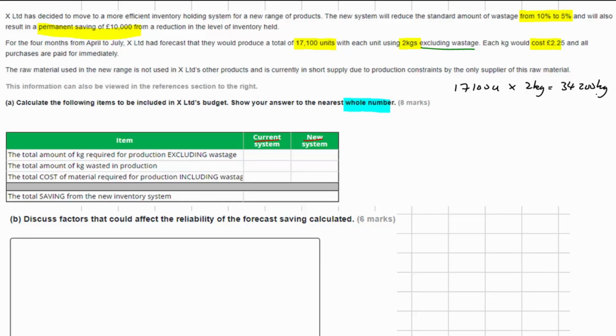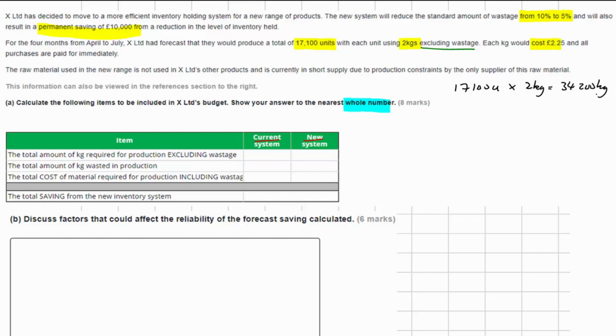Notice in my workings I'm putting units in kilograms, because when people don't do that and just have a load of numbers on their scrap paper, they can get really confused. If you show that this is a unit, this is a kilogram, this is a litre, this is a pound, it will help you to work out what number is what, and hopefully you'll be less confused.